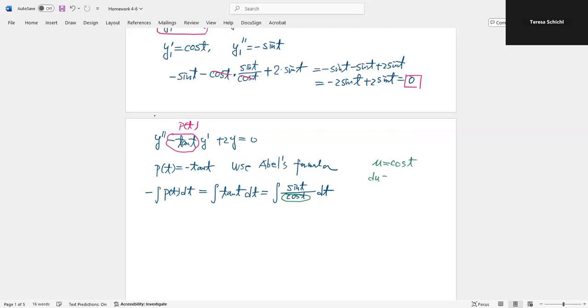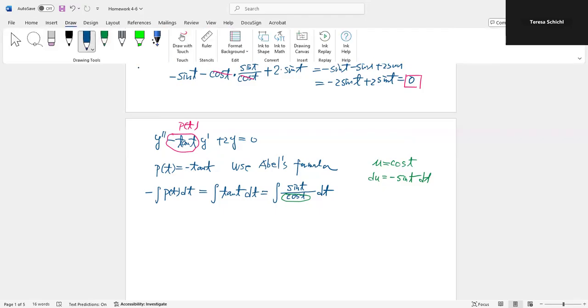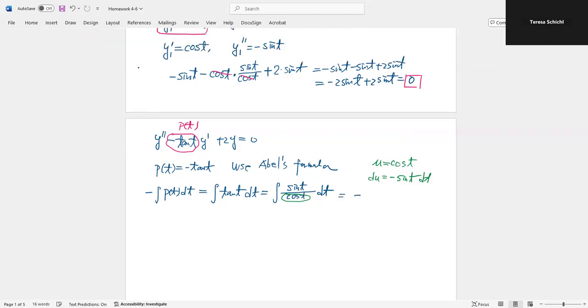So du is equal to negative sine t dt. So this will become negative du over u. So what I have here is negative natural log of u.